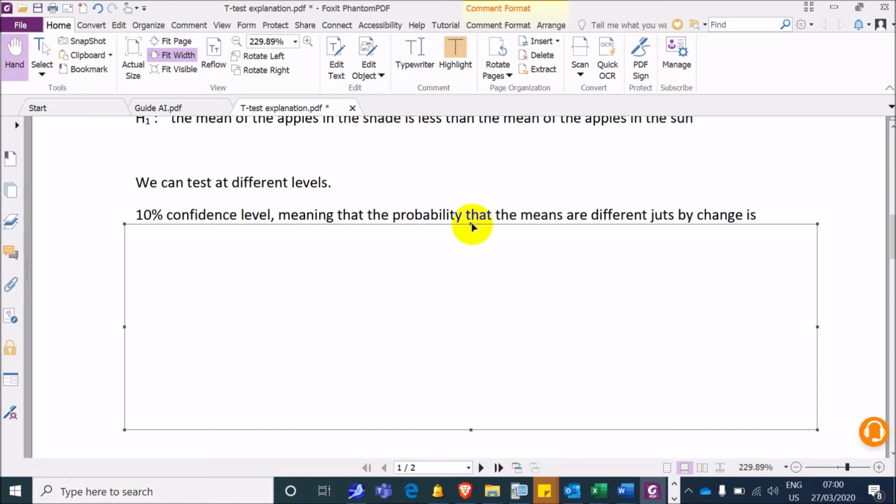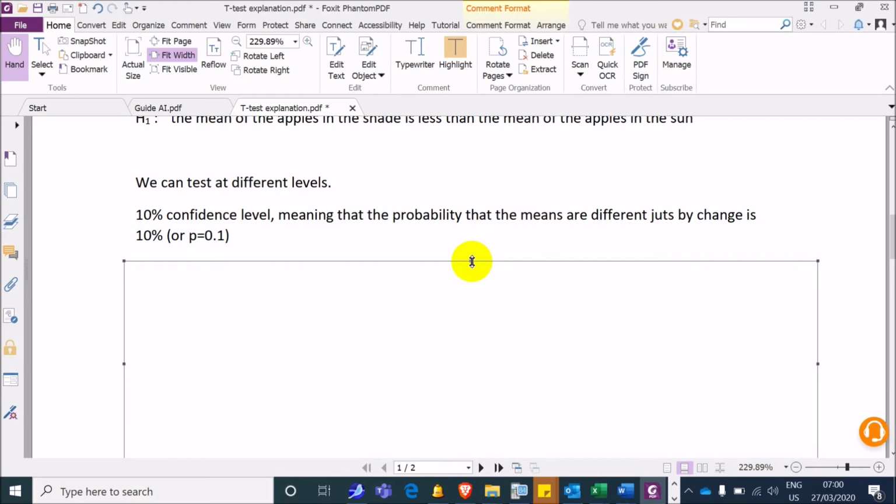If you talk about 10% confidence level, we say, hey, what we want to look at is that only for 10% of my data, the means are different.